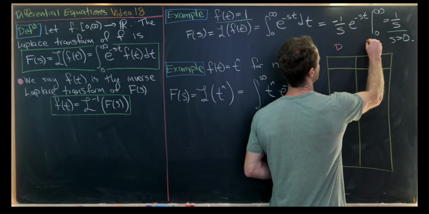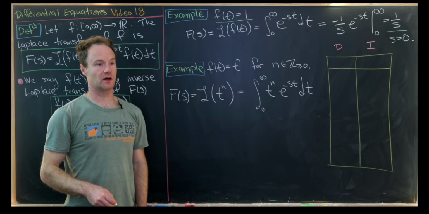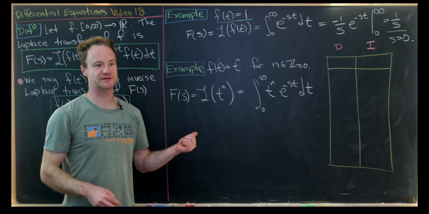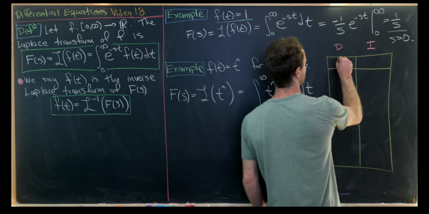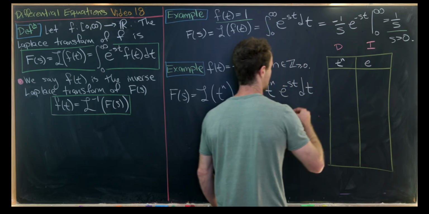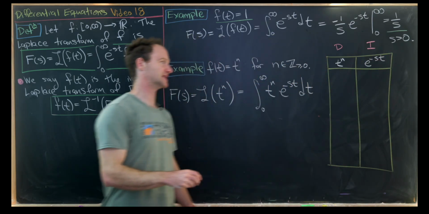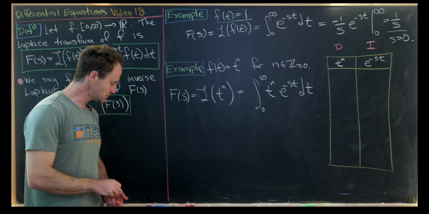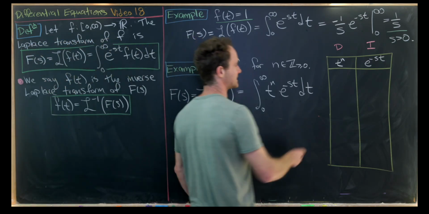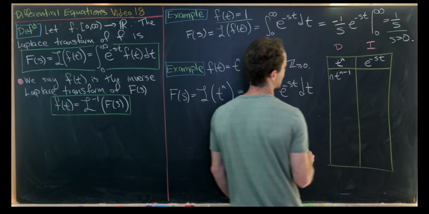So let's do integration by parts, and we'll do it with the DI method, or the tabular method. If you recall, we'll make the left-hand column the column that we take derivatives down, and that will start with our polynomial, in this case t to the n. We'll take our I column, the column that we take antiderivatives, that'll be e to the minus st. After our first derivative, we'll have n times t to the n minus 1.